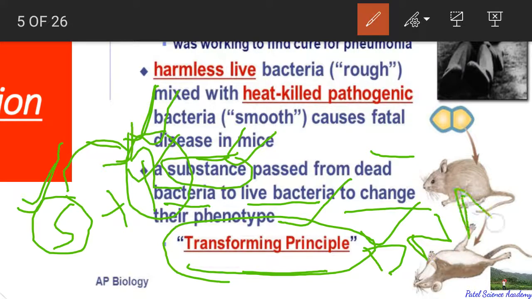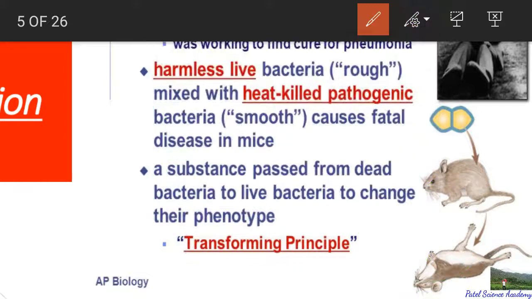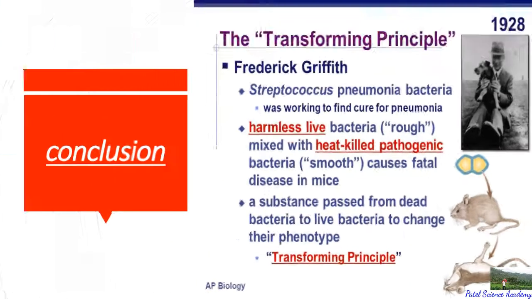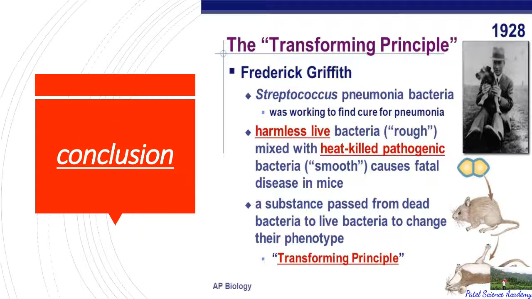But Griffith couldn't give this name DNA, deoxyribonucleic acid, to that substance. He just used transforming principle. So this was Griffith experiment, in which the conclusion is that DNA is responsible for the death of the mice, but he called that DNA transforming principle.